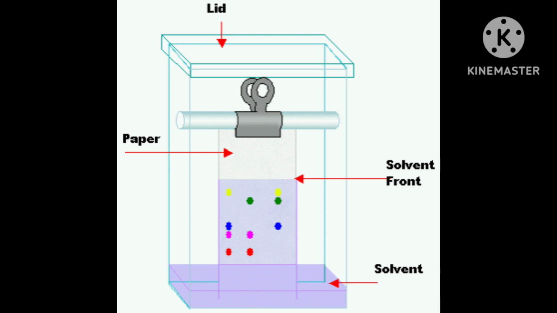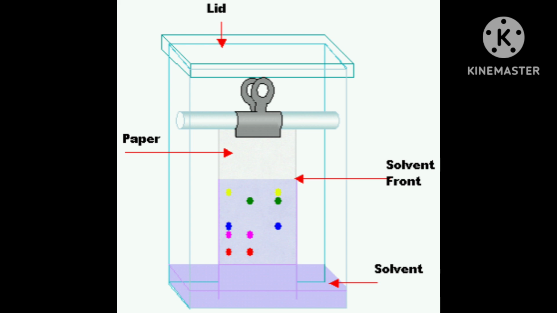The paper selectively retains different components according to their different partition into phases. Water is also there in that paper, and the mobile phase is also there, or a mixture of mobile phases, meaning different solvents. Different compounds of the mixture will be absorbed in different solvents.